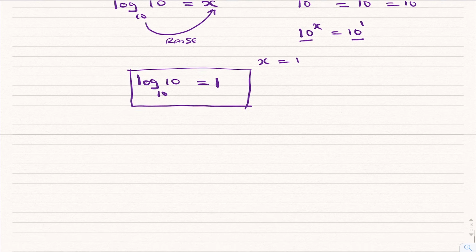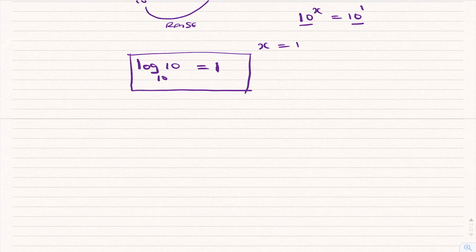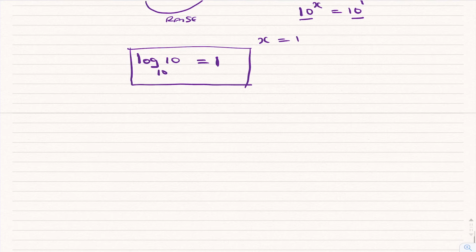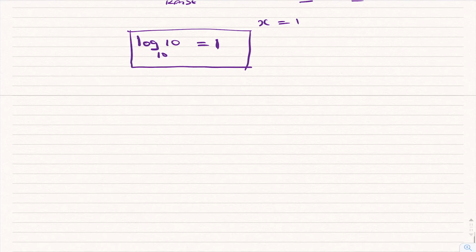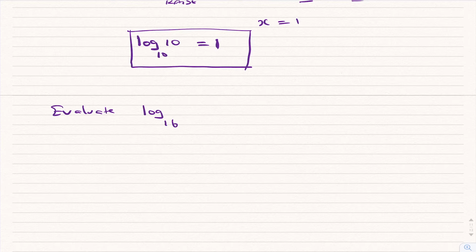Let's try another one. It's getting exciting now, so let's do another example, which is a bit challenging. Evaluate log base 16 of 8.